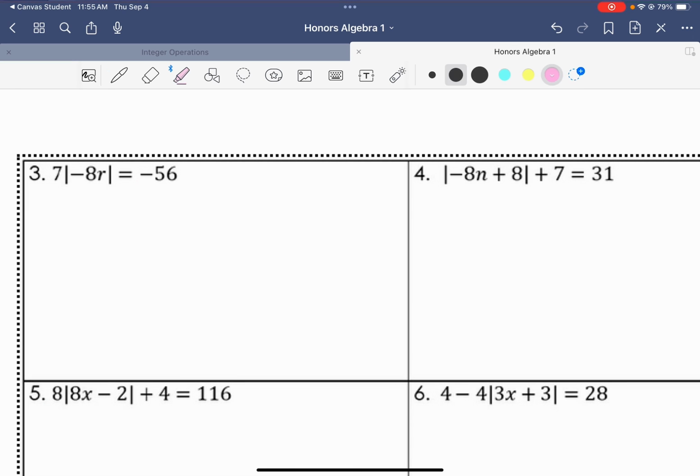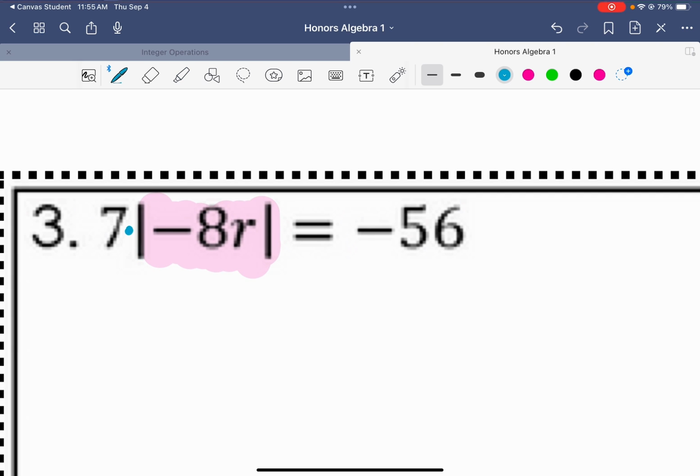All right, if I look at number 3 here, this is my absolute value expression. If you notice, it has a multiply by 7 in front of it. It's not isolated yet, so we need to isolate it. So how do I undo multiply? This is that whole manipulating equations.